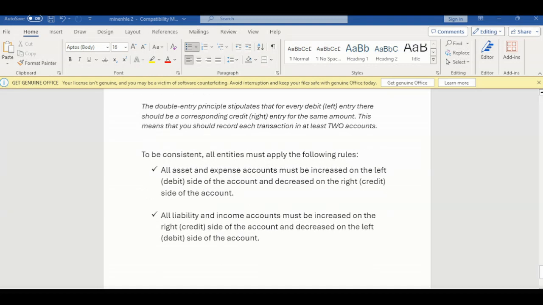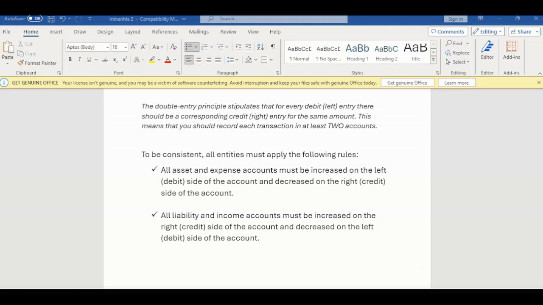Okay, I will explain that in our official class, how it happens when we are using the practical work. Okay, to be consistent, all entities must apply the following rules. All assets and expense accounts must be increased on the left hand side, and decreased on the right, which is the credit side of the account.